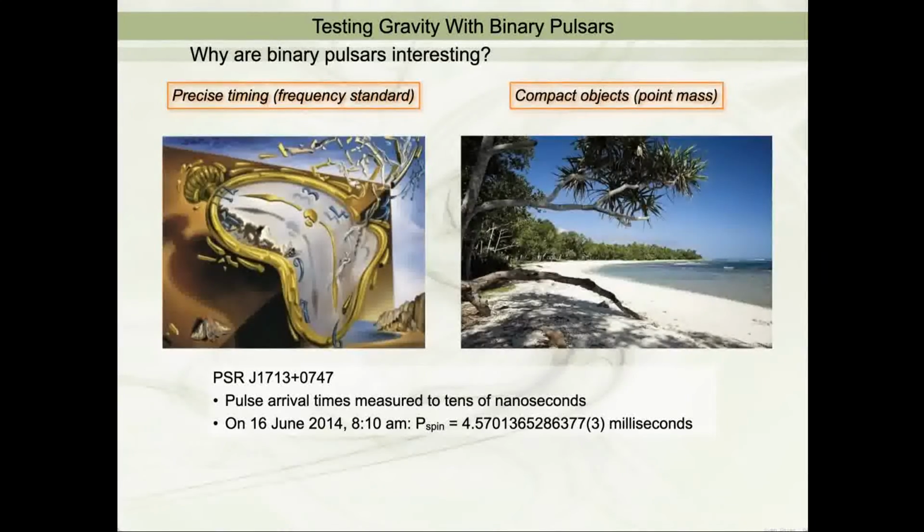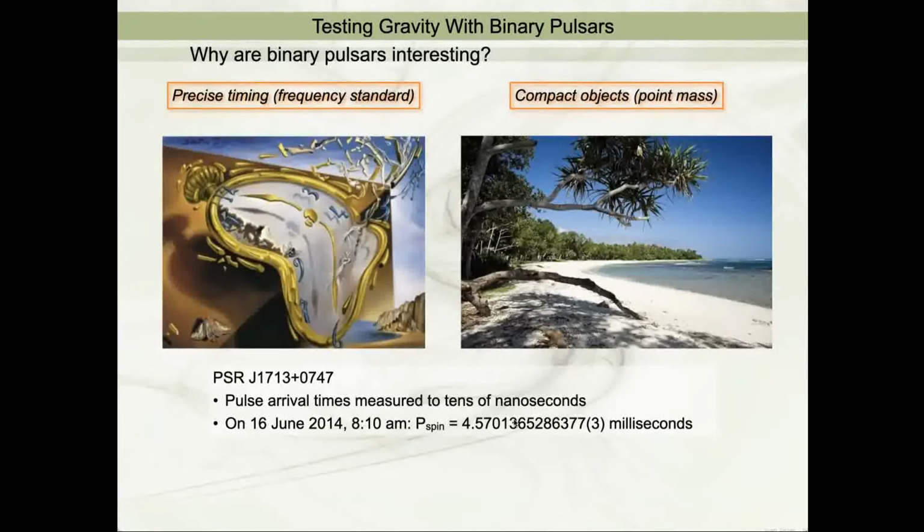Then the other thing is that pulsars are extremely dense, and as such, they basically behave as if they were a point-like object that had some amount of matter. So basically like textbook. And I'm saying that because if you have a pulsar that orbits another object, and the other object is also, say, compact, then the orbit is very easy to calculate using Newton's or, as we'll see, Einstein's equation.